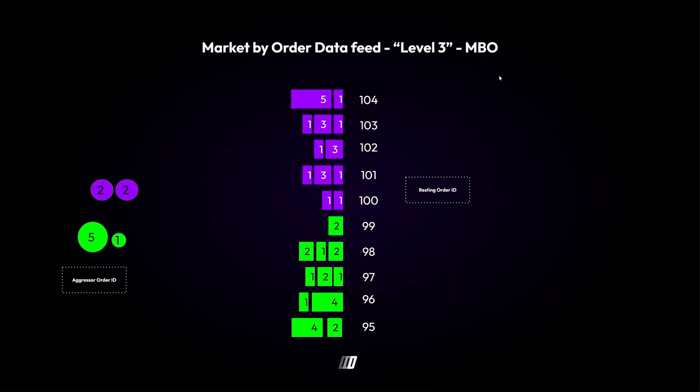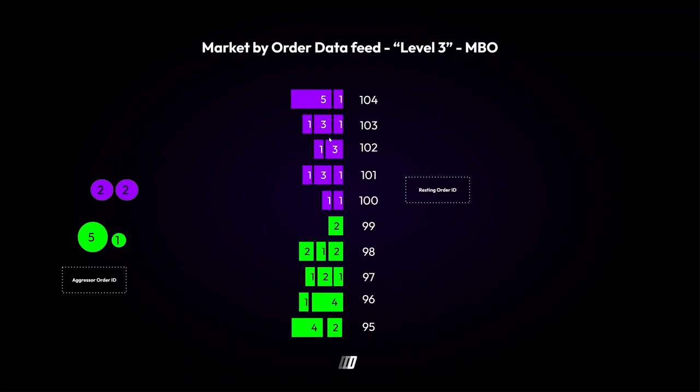So this is a granular version of order flow that not only allows you to see the total amount, but also tells you if there is one order which is radically bigger than all the others. What are the big trades?